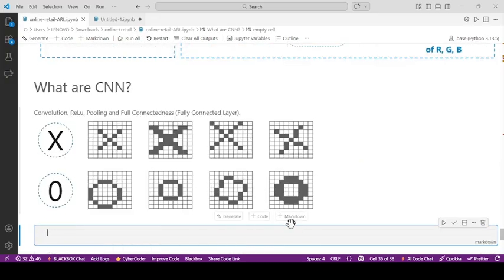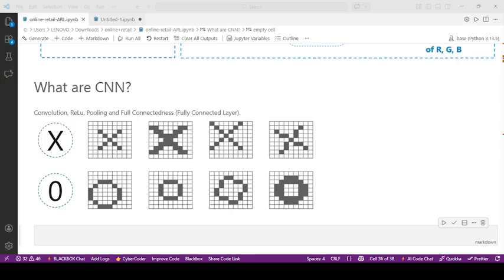So consider this image. What are you observing here? There are multiple renditions, different patterns of X and O. We have just taken this example. We have different patterns of X and different patterns of O here, very similar to the MNIST data set we showed in the previous sessions.